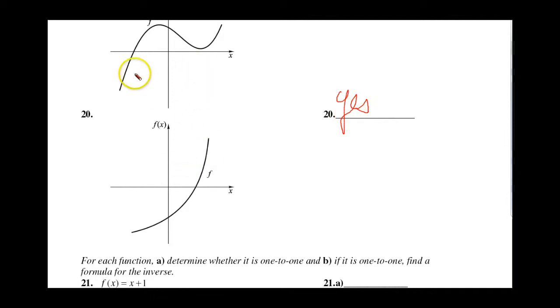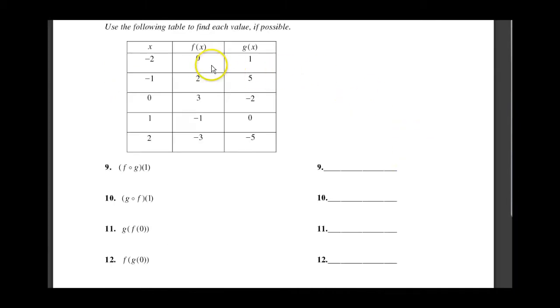Now I'm going to jump back to something I had passed up earlier. So here is this table where we are asked to do these, f circle g, or f composed of g, where we're looking for 1.